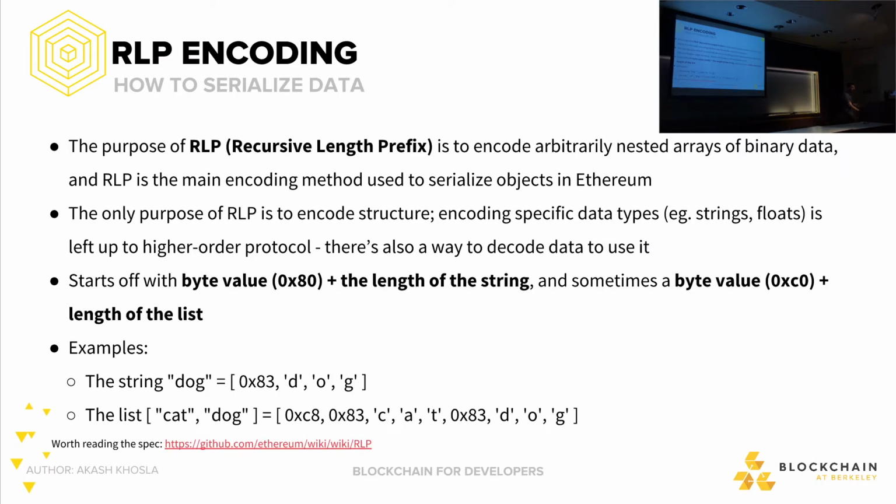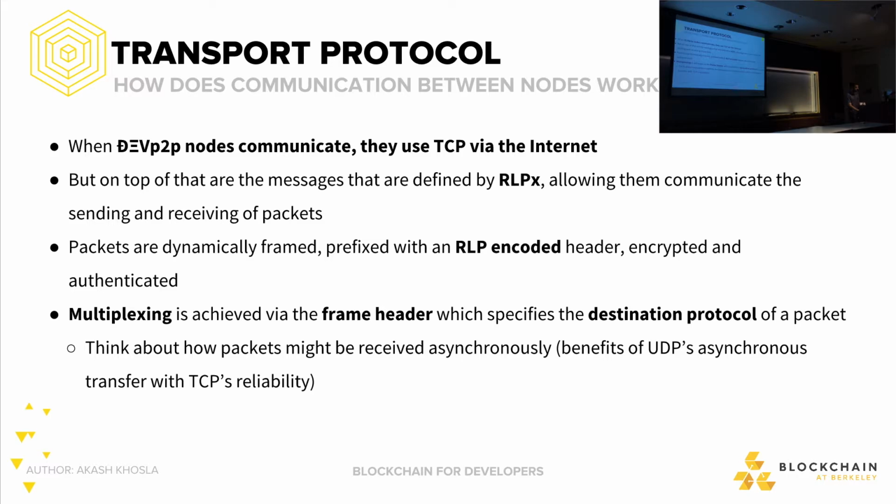RLP encoding, again, something Ethereum uses. Transport protocols. What were the two transport protocols that we talked about last week? TCP and UDP, right. And what was the difference between the two? UDP is fire and forget, and TCP is like a three-way handshake. Right. So TCP is a more secure way of transporting packets.